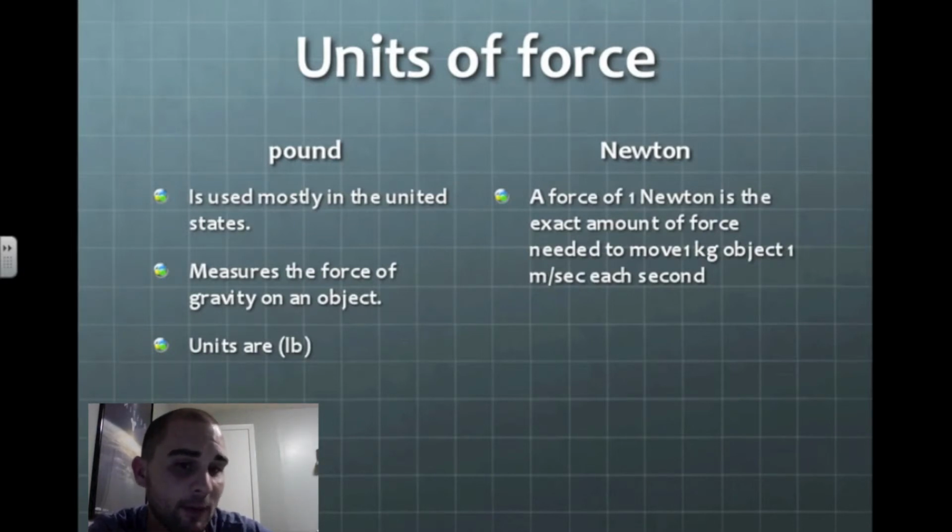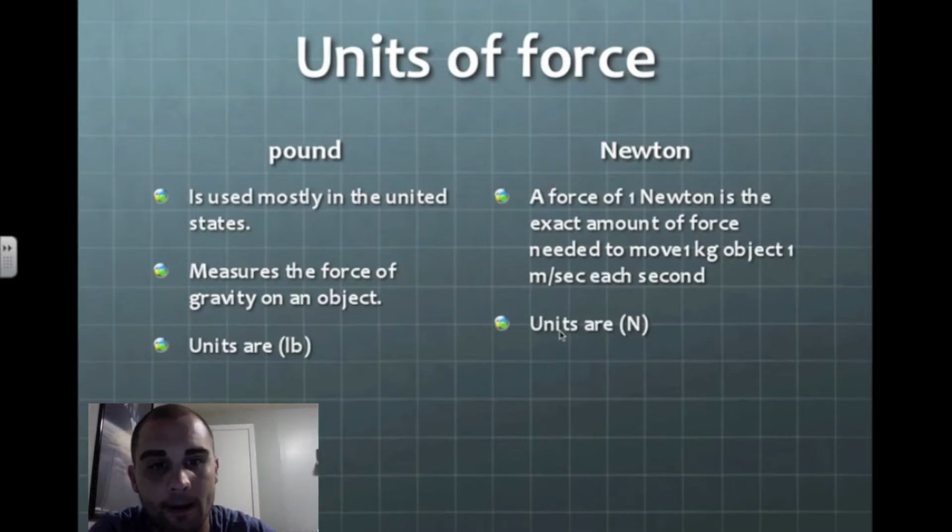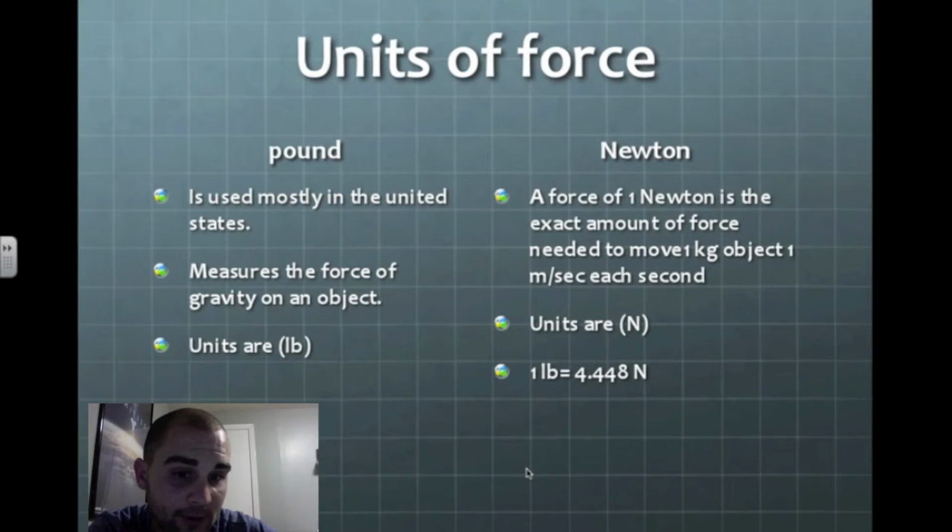So to move that 1 meter per second, you would need to apply 1 newton of force to that soda bottle, right? Units are newtons, or these N's right here, and 1 pound is equal to 4.448 newtons. So a pound is a little greater than a newton.